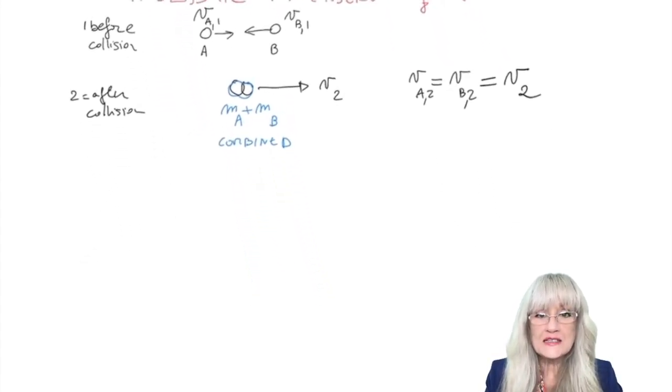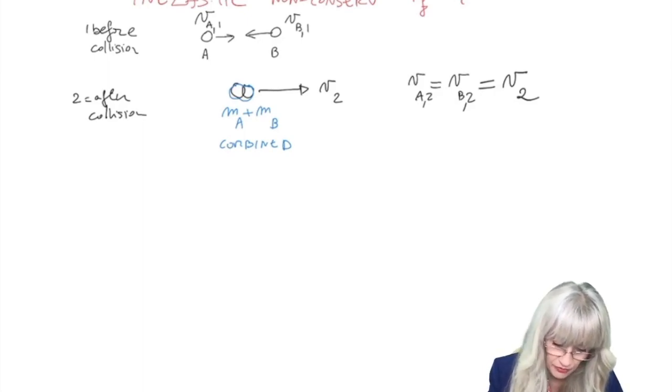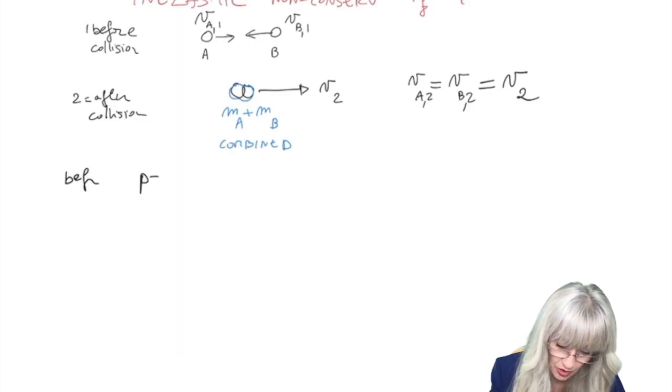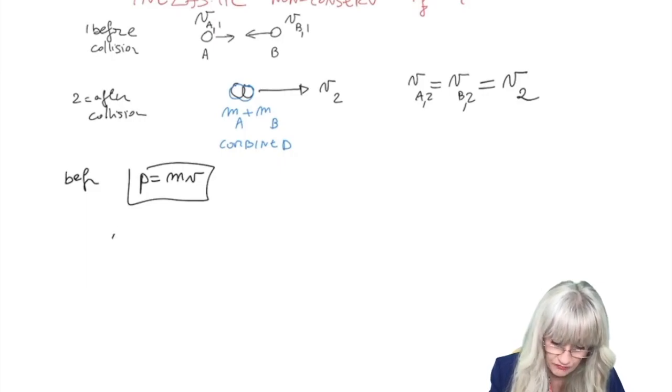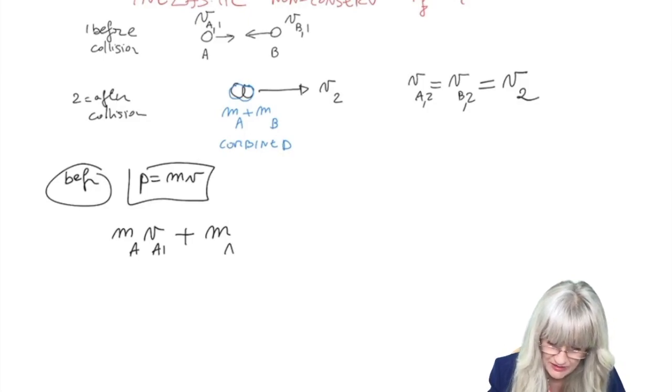So for inelastic, what happens to the momentum? Well, before the collision, recall momentum is mv. The momentum of body A will be mass A times velocity A1. Then I'm going to add, before the collision, mass of body B times velocity of B1.